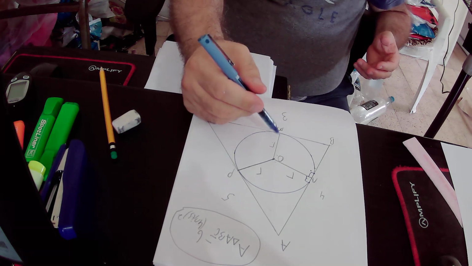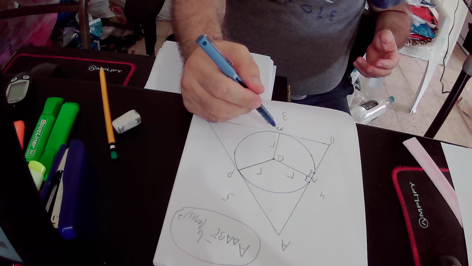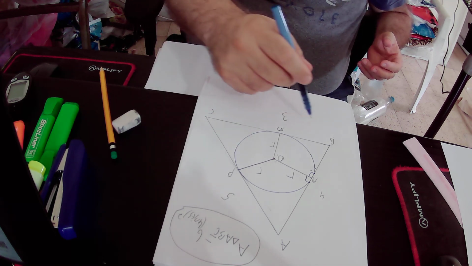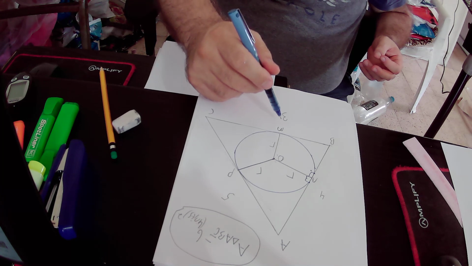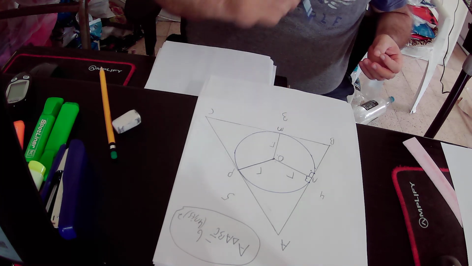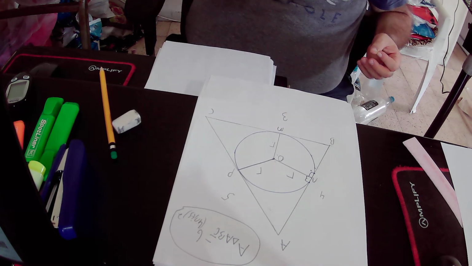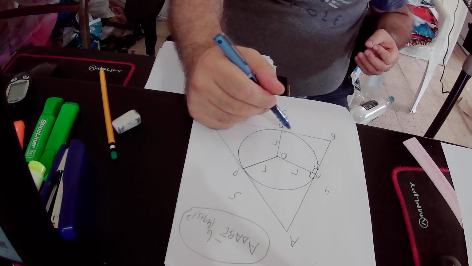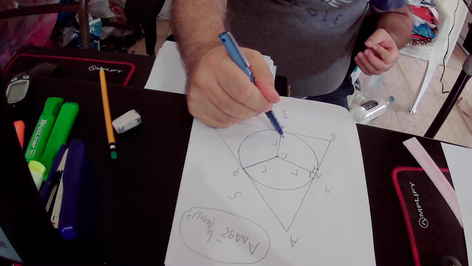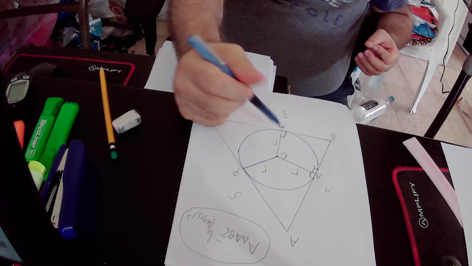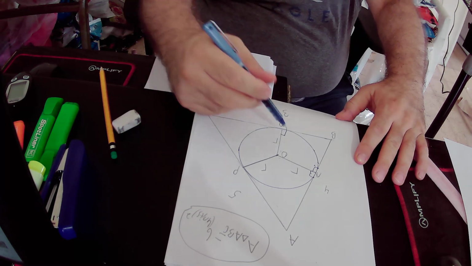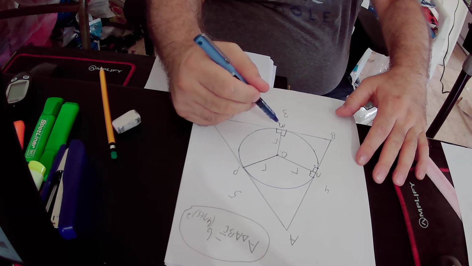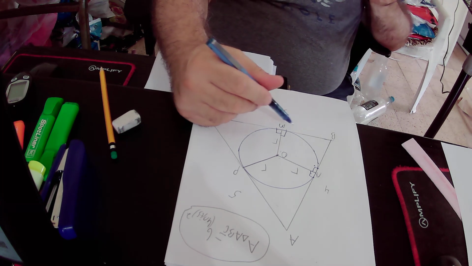And for the same reason, line segment OM is the radius of this circle, and we have side BC of the triangle that is tangent to the radius at point M. For that reason, according to rule number 1, angle OMB will be equal to 90 degrees, and also angle OMC will be equal to 90 degrees, because the radius is perpendicular to its tangent.